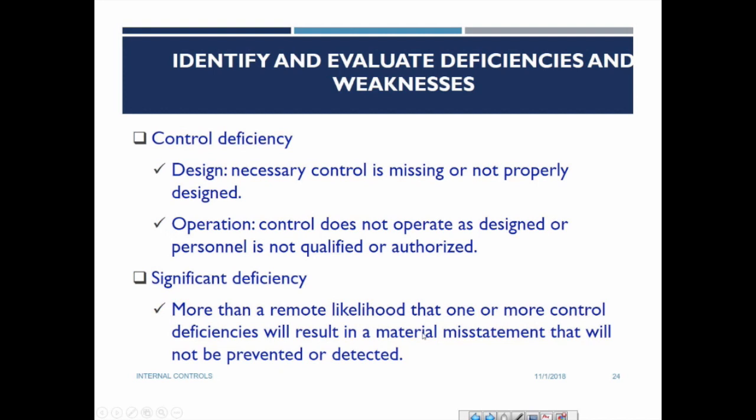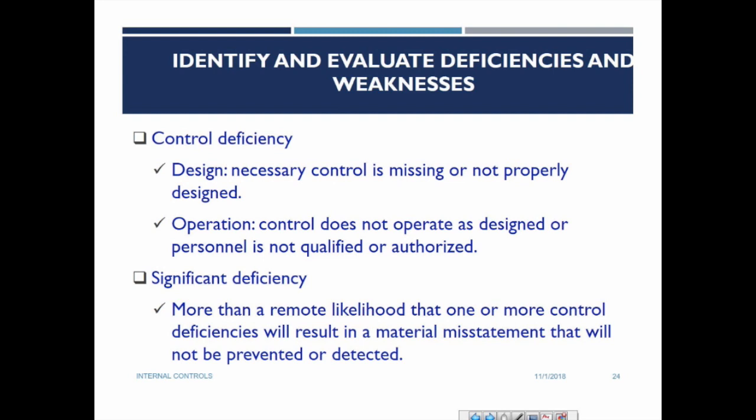So a control deficiency we already defined, right? It's either not designed properly or it's not operating as designed. And that would be considered a control deficiency. Then the auditor has to evaluate that for a significant deficiency. And a significant deficiency is defined as more than a remote likelihood that one or more control deficiencies will result in a material misstatement that will not be prevented or detected on a timely basis.